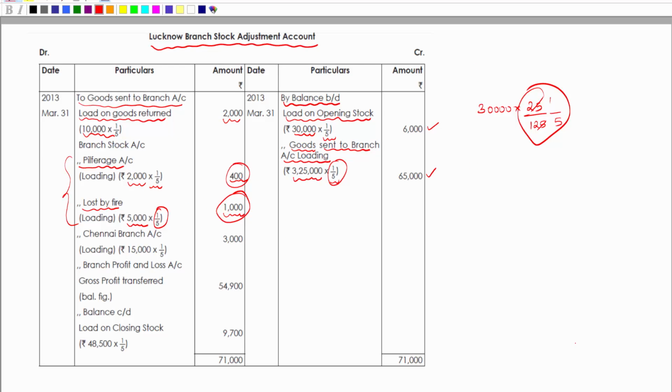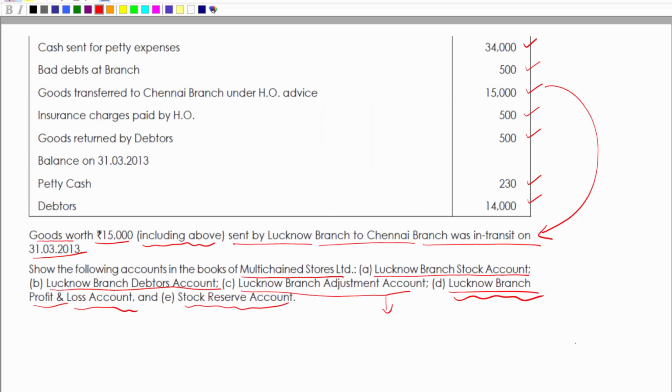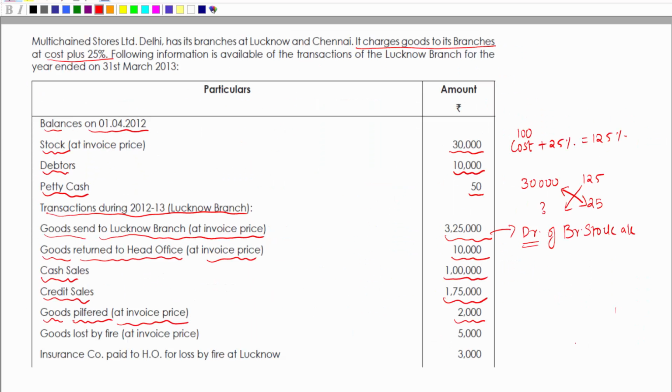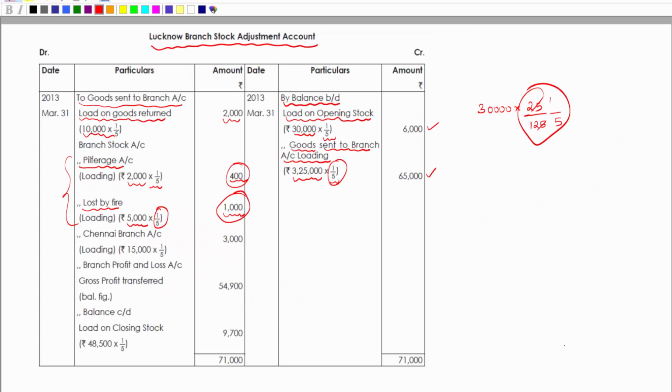Now let's see whether we have any additional information in the question regarding the stock that was lost by fire. Yes, we have. That is, insurance company paid to HO for loss by fire at Lucknow 3,000. So now we have understood the actual loss was 4,000. Insurance company has paid 3,000, so the loss that should be charged to P&L is 4,000 minus 3,000. So let's record that here.